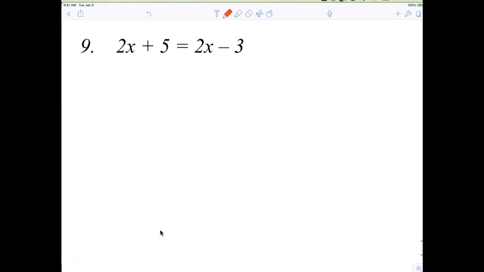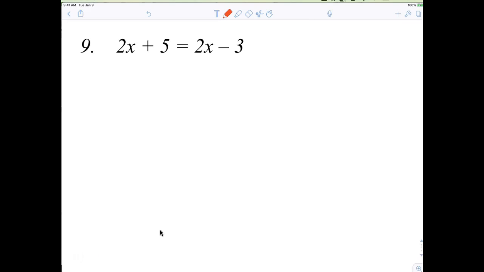If I take a number and add 5, is that ever going to be the same as if I take that same number and subtract 3? No. That's not possible. It's like saying if I take 10 and add 5, and I take 10 and subtract 3, is that ever going to be equal? No. Never, ever going to be equal. All right? So this, you should look at and say, that's no solution.